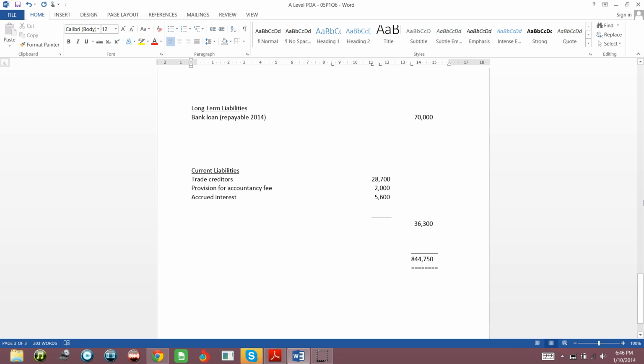How much is the difference? The difference is 69,050. So why is there a difference of 69,050? Then we must investigate why there is a difference of 69,050. So can you take a moment to think why there is a difference?